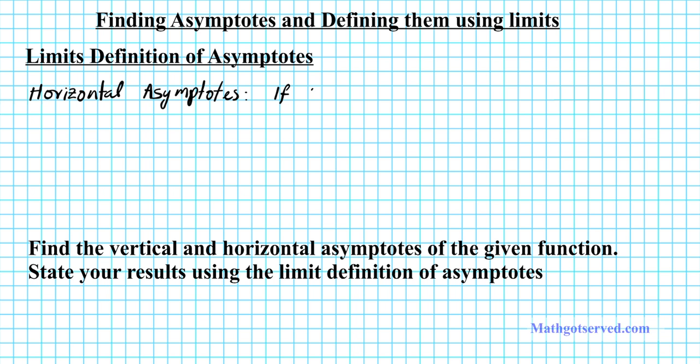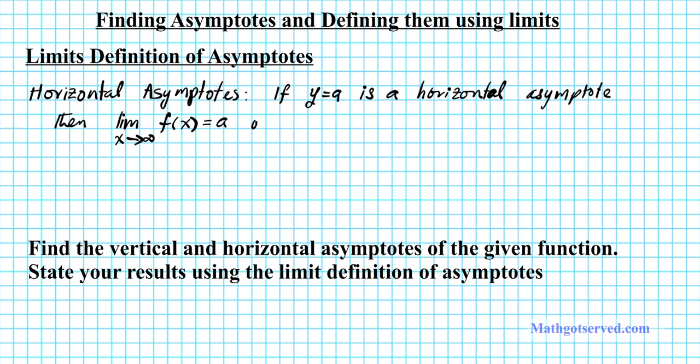If the horizontal line y equals a is a horizontal asymptote, then the limit as x approaches infinity of the function is equal to a, or the limit as x approaches negative infinity of the function is equal to a.